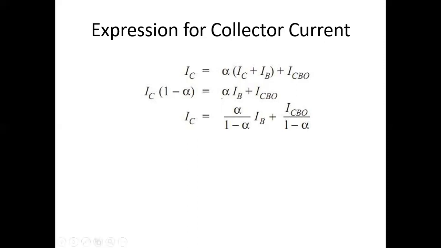Then, after multiplying with alpha and changing the side, finally we have the expression of collector current: IC is equal to alpha divided by 1 minus alpha into IB plus ICBO divided by 1 minus alpha.